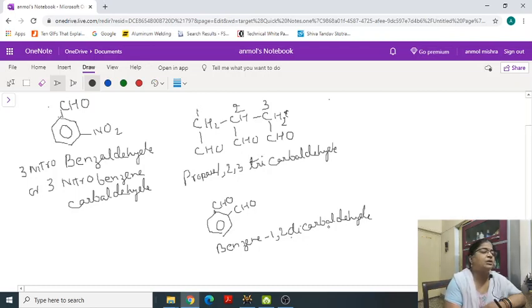Now carboxylic acid. Third is carboxylic acid, RCOOH.